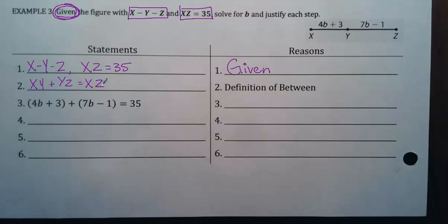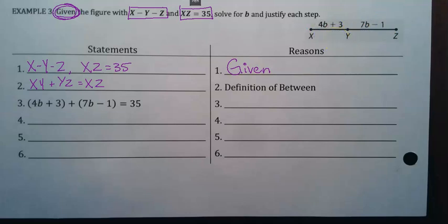So that's saying the distance between x and y, this segment, and the distance between y and z, this segment, has to equal the distance between x and z, so this entire segment. That's just the definition of between. That's all. Okay, so I'm going to erase this because we might need some more workspace.